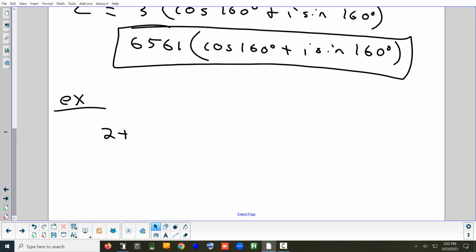Let's take 2 plus 3i and raise it to the 6th power. Is that one set up and ready to use the shortcut that I just showed you? No. What's wrong with it? You've got your imaginary number on the outside.